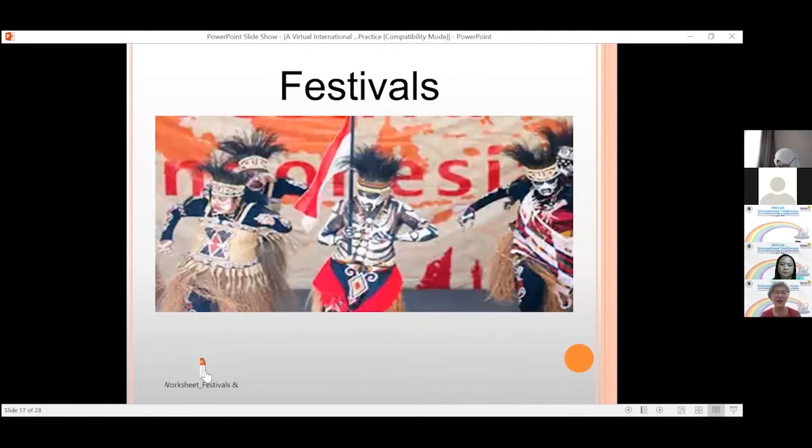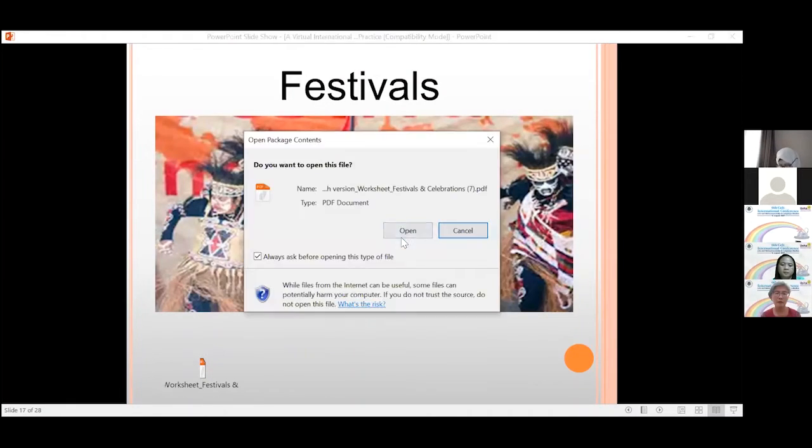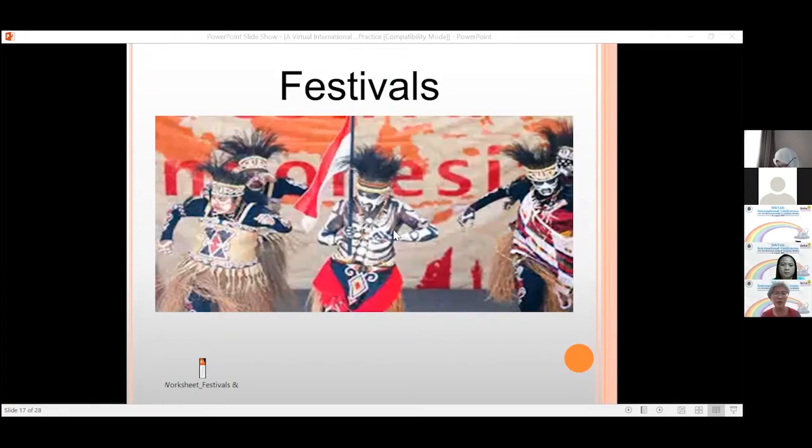After the presentation, we give an exercise, something like this: with your partner, complete the following table with information about festivals and celebrations in Indonesia and Japan. And they can share.